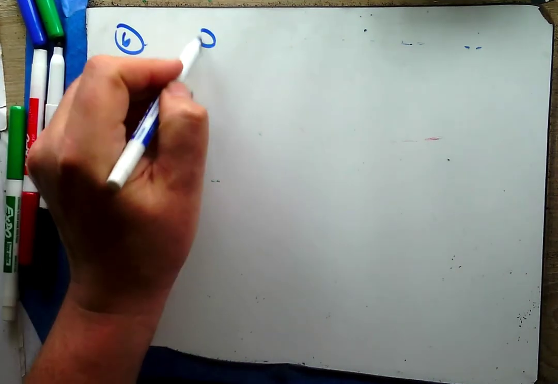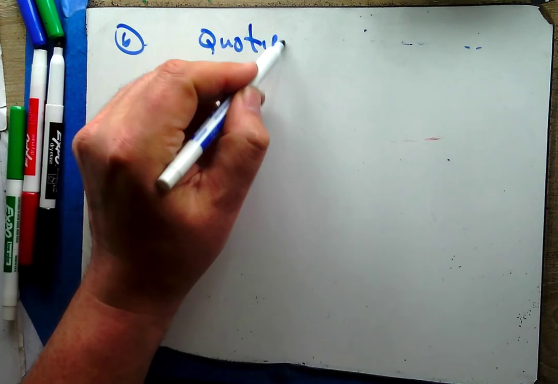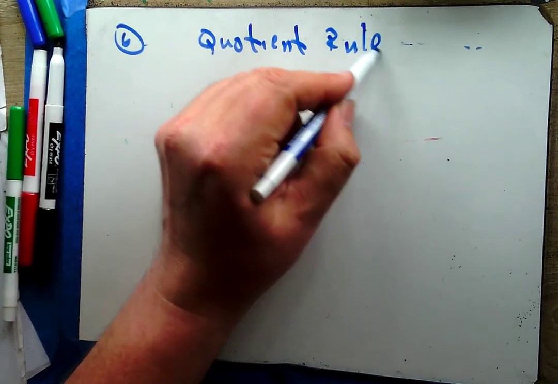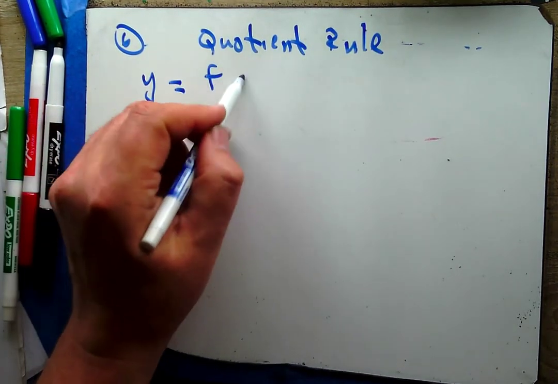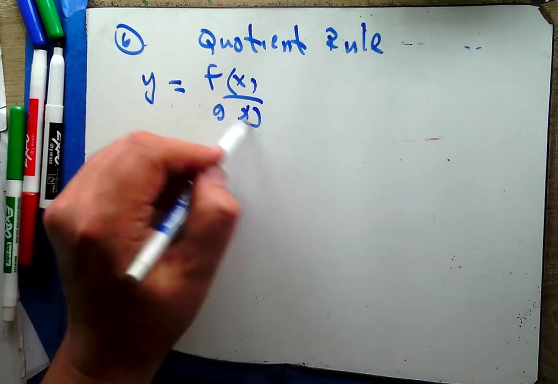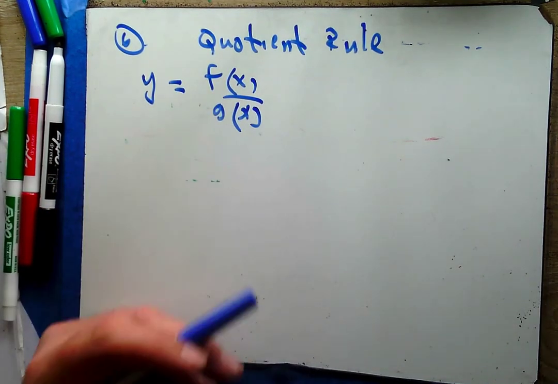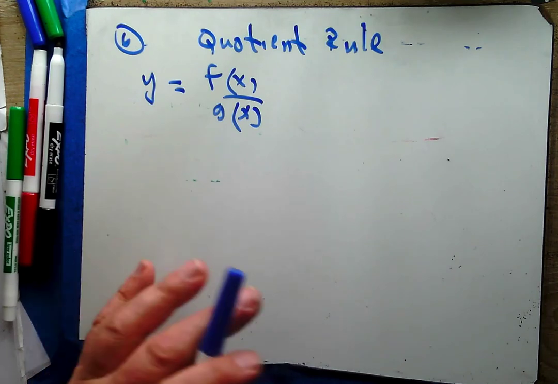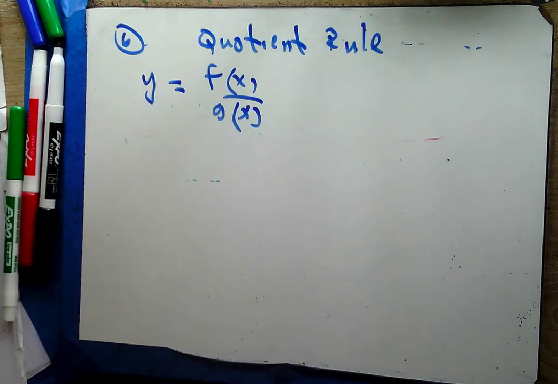And while you're memorizing the product rule, let's take a look at number 6, the quotient rule. So now y equals f of x over g of x. And the proof of this is very, very similar to the proof of the product rule.